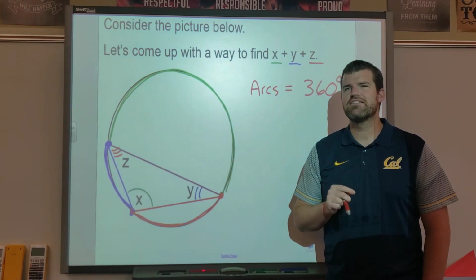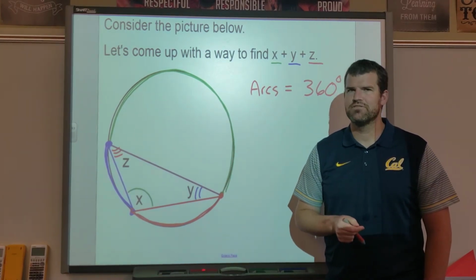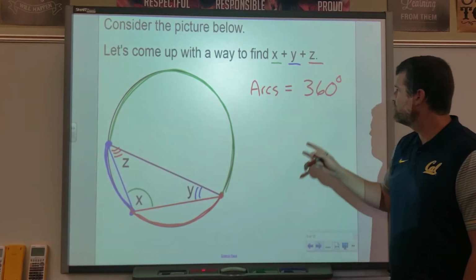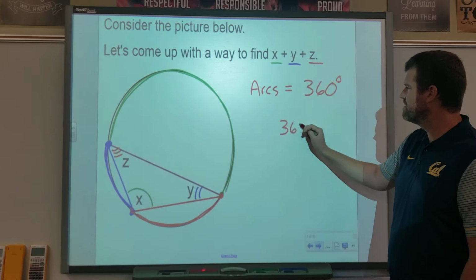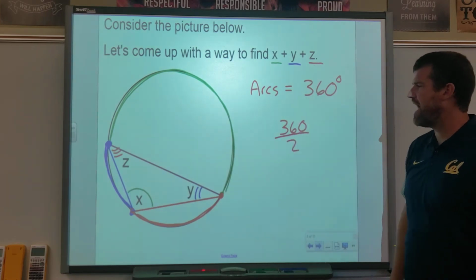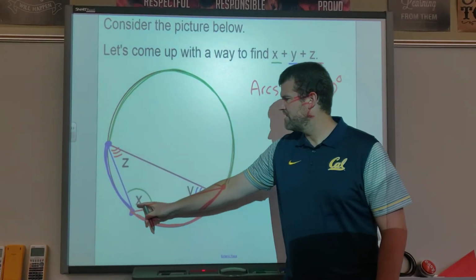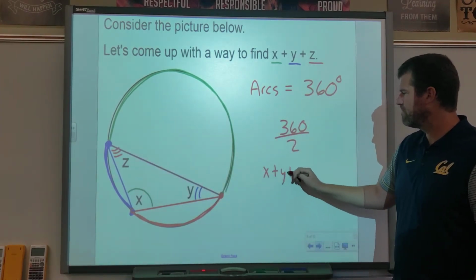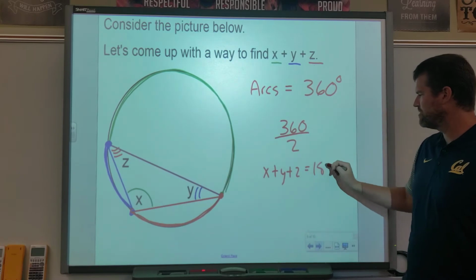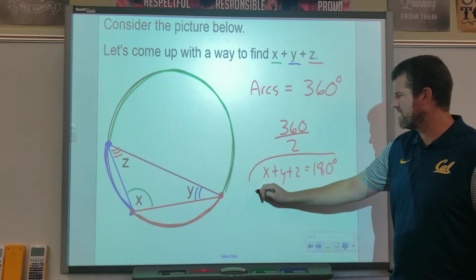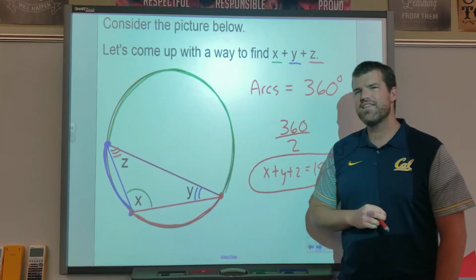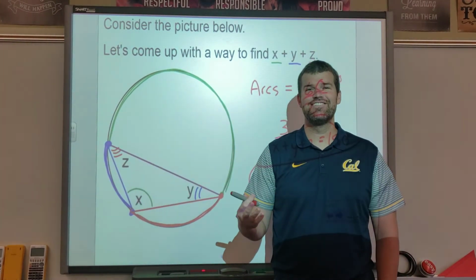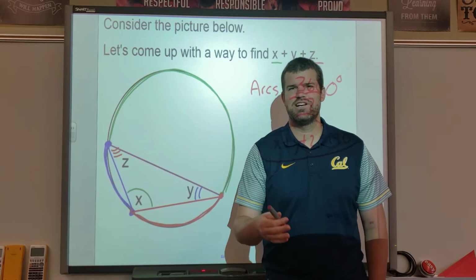What will the three inscribed angles have to add up to? Well, since inscribed angles are half of the arc, we can take that 360, cut it in half, and I now know that these three inscribed angles, when we add them together, have to add up to 180 degrees. Which, hey, that makes sense because those three angles formed a triangle. And triangles always have 180 degrees.